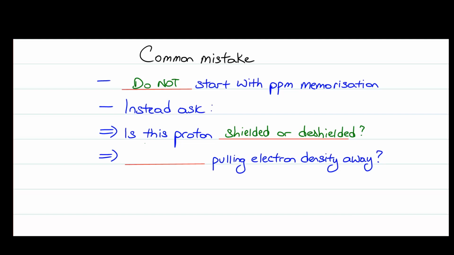Is there an electronegative atom nearby? What is pulling electron density away? Is there a carbonyl nearby? Is this proton in a plain alkyl environment or in a more electron-poor environment? Once you think this way, chemical shift becomes much easier.